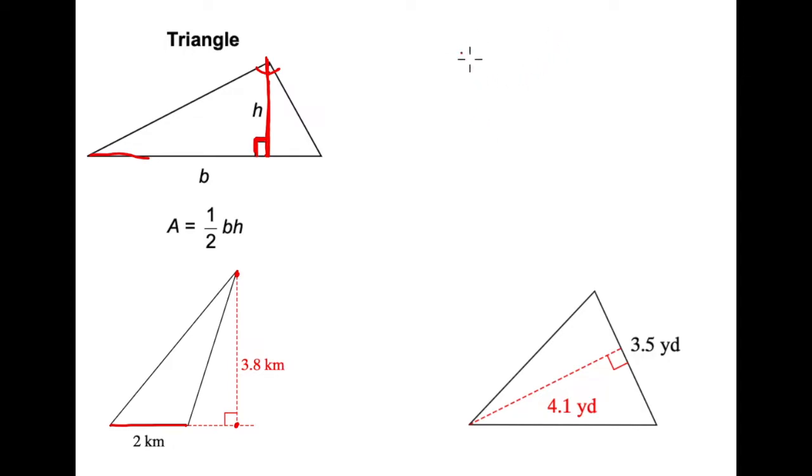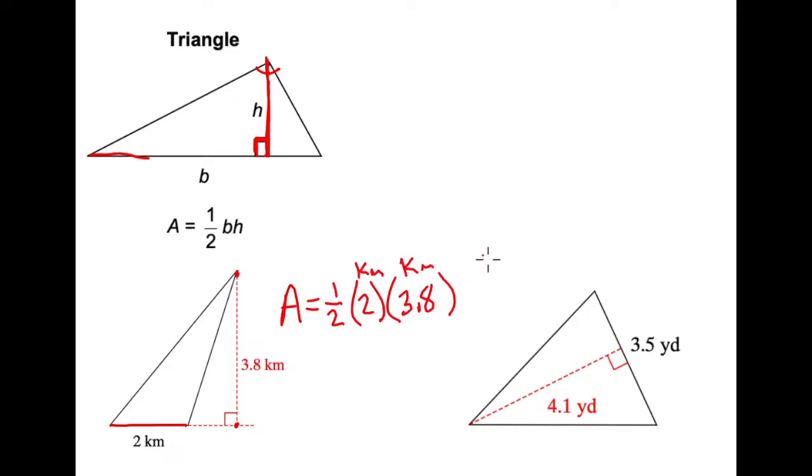So we would set it up as area equals 1/2 times 2 times 3.8. And again, this 2 is kilometers and the 3.8 is kilometers.